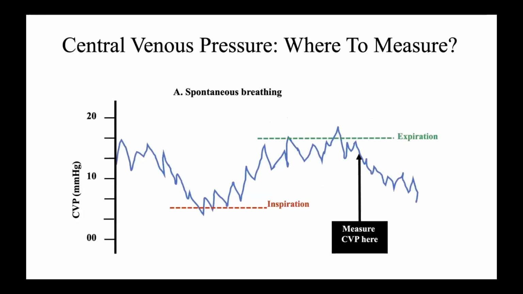So if the patient is spontaneously breathing, the central venous pressure on the respiratory curve is going to be at a lower point during inspiration as compared to expiration, which is closer to the zero, and therefore the central venous pressure should be measured at the end of expiration.